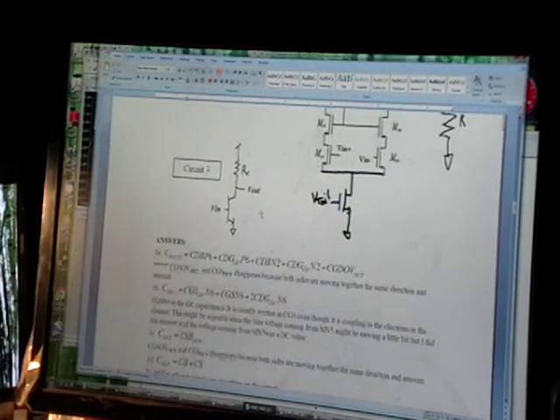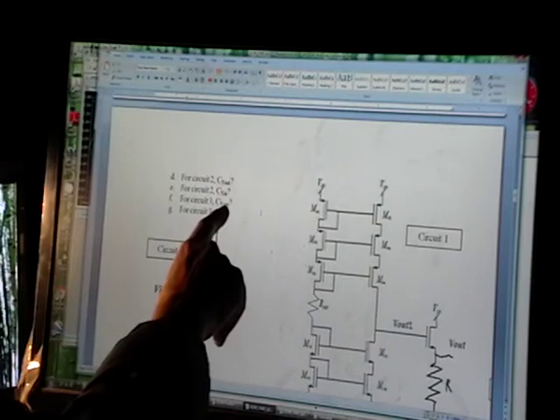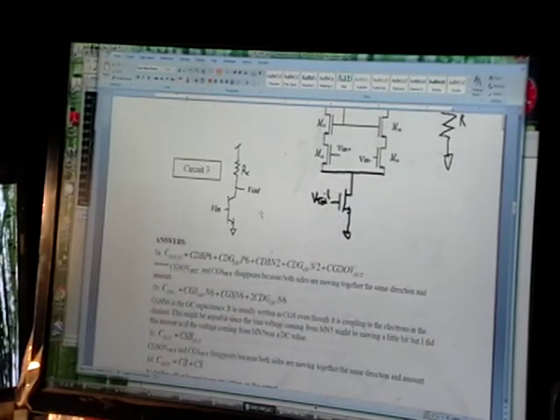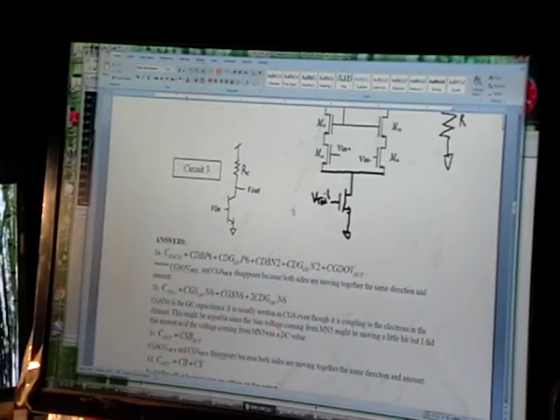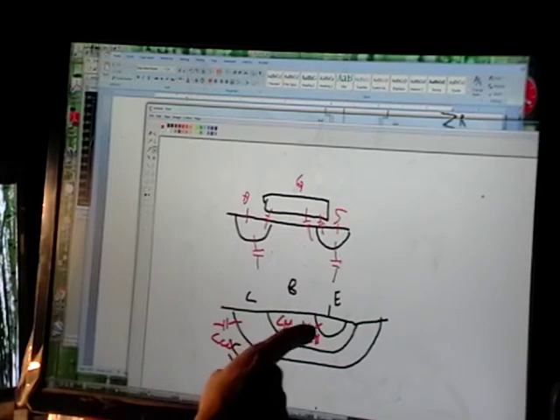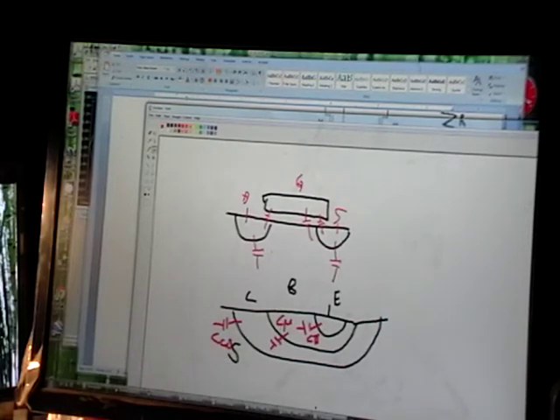Okay, last but not least, V in of circuit 3. So now, of course, we have to have one example with the Miller effect. If you're sitting on the base, let's go back over here, you see these two capacitors, one to the emitter and one to the collector.